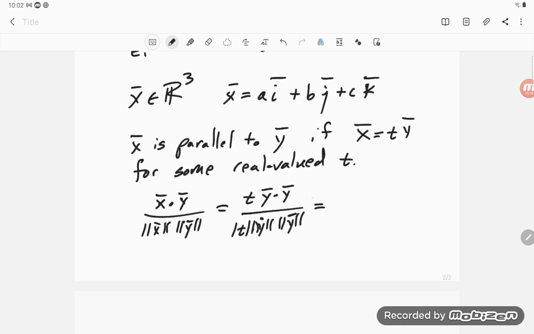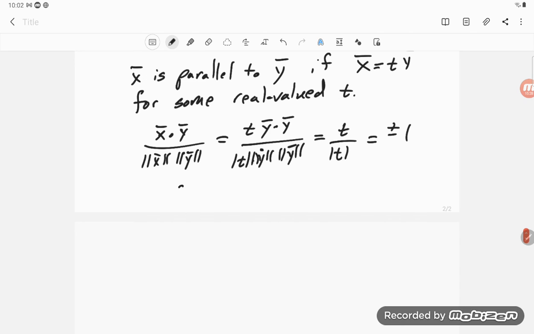But the top is the norm of y squared, the bottom is the norm of y squared, and so I get t over the absolute value of t, which is equal to plus or minus 1.